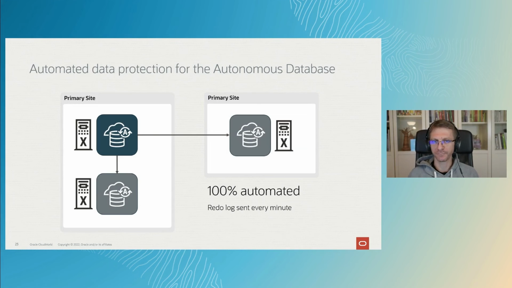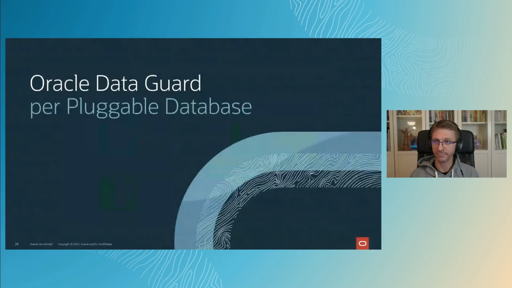So it uses log shipping that is sent from the primary autonomous database remotely to the standby databases. It does not have the same RPO, the recovery point objective, as the traditional Data Guard, but it might have an RPO up to 1 minute, so it really depends between 0 and 1 minute. But the cool part is that it's absolutely 100% automated, and you don't need to care about any configuration whatsoever.